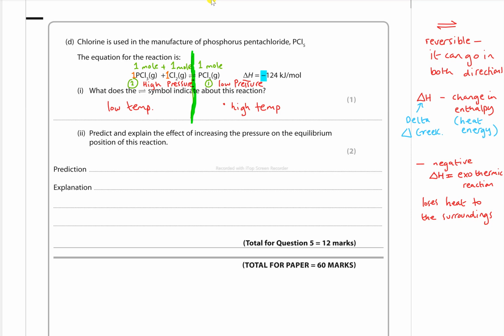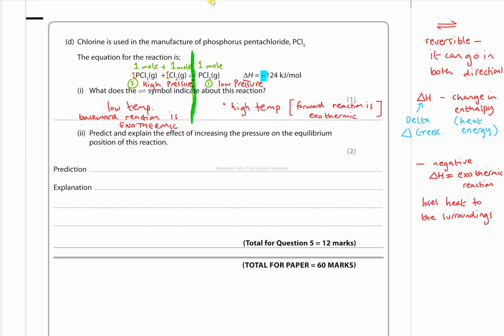The forward reaction, so I can say here, look at the language. So forward reaction is exothermic. The reverse reaction or backward reaction is endothermic.